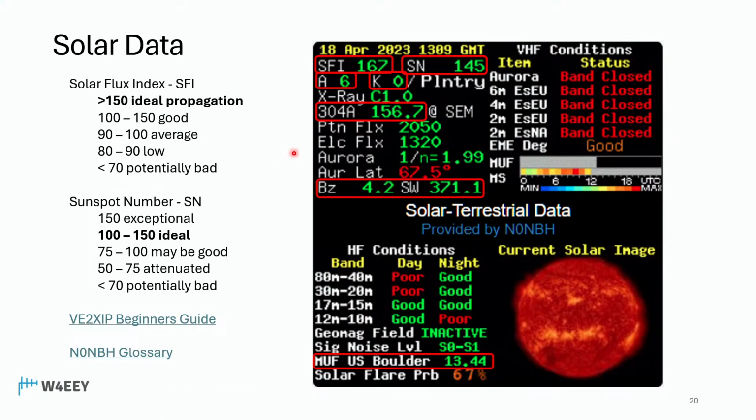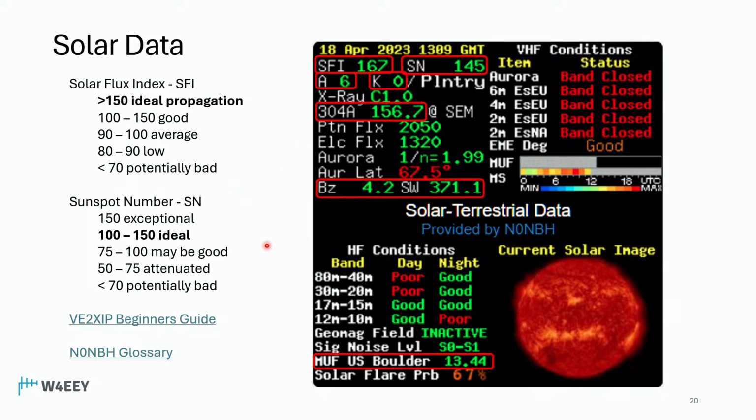So here's diving into this just a little bit more. A solar flux of over 150 is ideal for propagation. So in this case, the SFI number is 167. And here's some relative values there. Sunspot number is related.